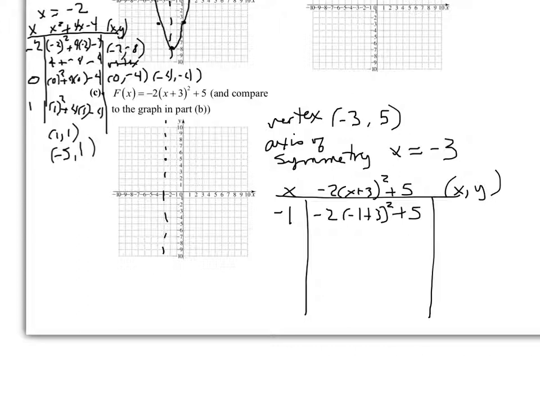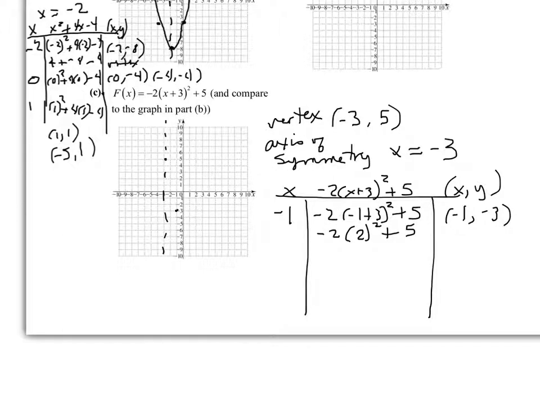Now if I clean up what I have in the parentheses, then here is what I know. When x is -1, I will end up with -2 times (-1 plus 3), which is +2, which has to be squared. Add 5 to it. If I put all that together, I get (-1, -3). So when x is -1, y is -3.